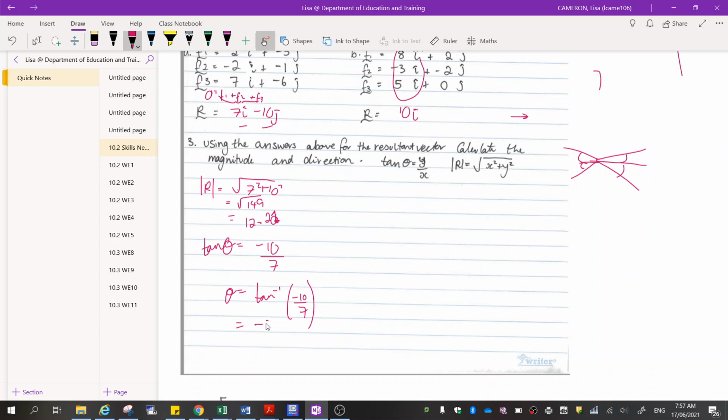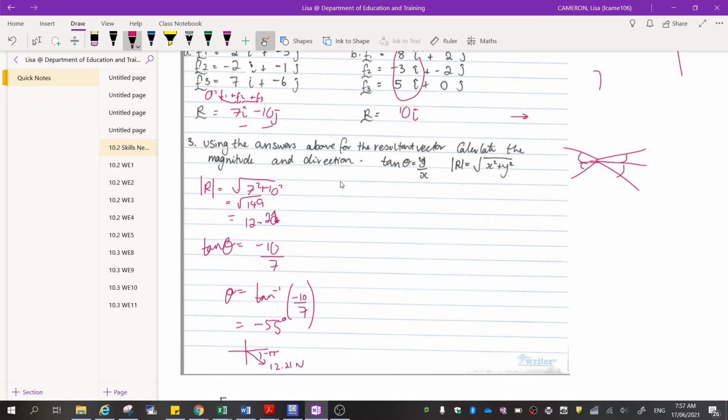That gives you negative 55 degrees, meaning that this thing is down here at negative 55 degrees, and it has a force of 12.21 newtons. So that's what we've really calculated by finding the magnitude and the direction of this diagram.